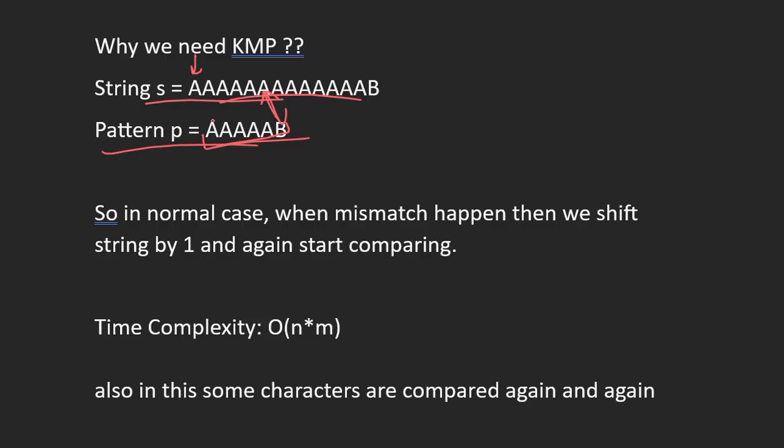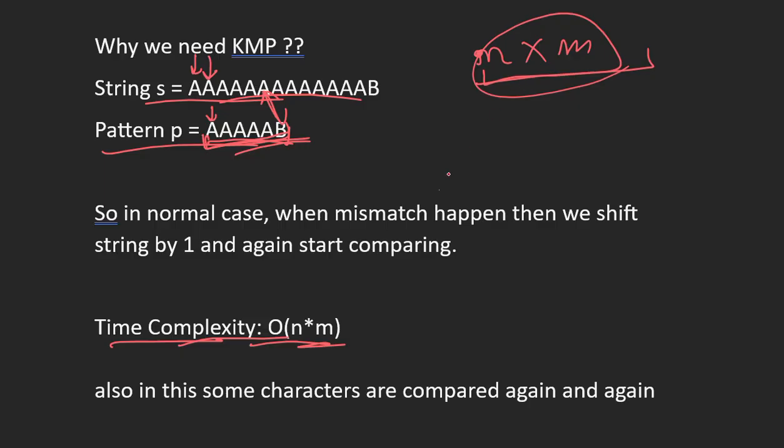So we go to the next point and again start matching from the start of the pattern. So the time complexity is big O of n into m, because at each index in the string, that is total n indexes, we will be looking at the next m characters to see whether they are equal to the pattern or not.